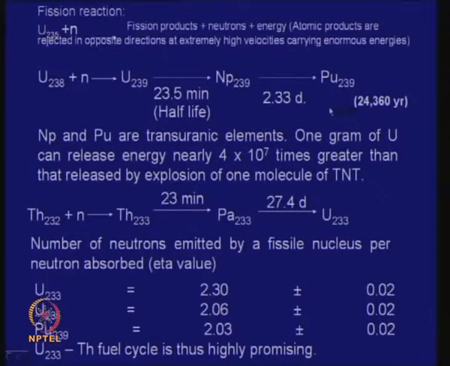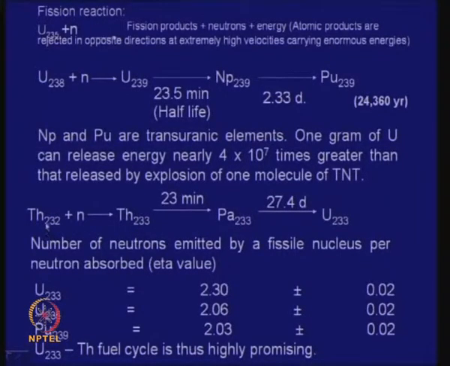So, uranium-238 has now been converted to a man-made element which is stable. Neptunium and plutonium are transuranic elements. 1 gram of uranium can release nearly 4 into 10 to the power 7 times energy as from 1 molecule of TNT. So, you see how much energy there is in 1 gram of uranium.